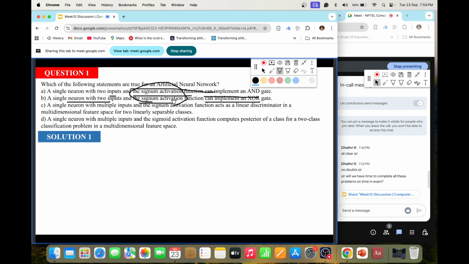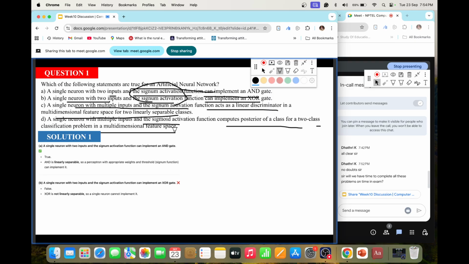That means it is talking about the conventional perceptron algorithm. C: a single neuron with multiple inputs and the signum function acts as a linear discriminator in a multi-dimensional feature space for two linearly separable classes. Option D: a single neuron with multiple inputs and the sigmoid function computes the posterior of the class for two-class classification in a multi-dimensional feature space.